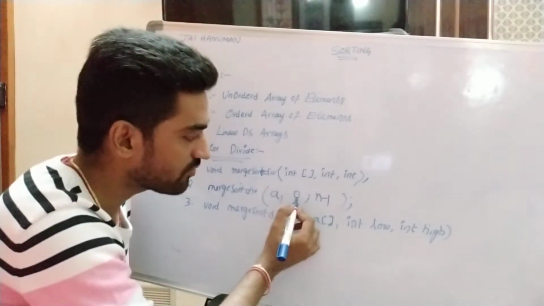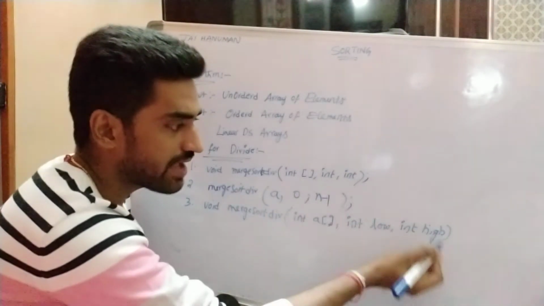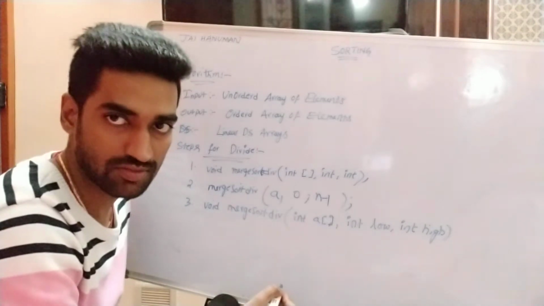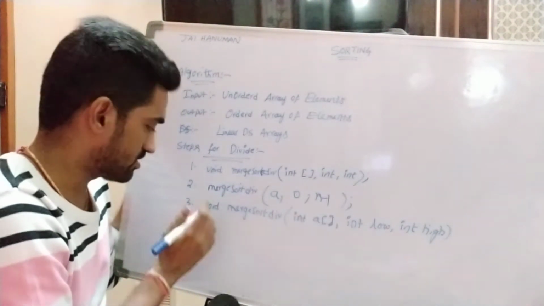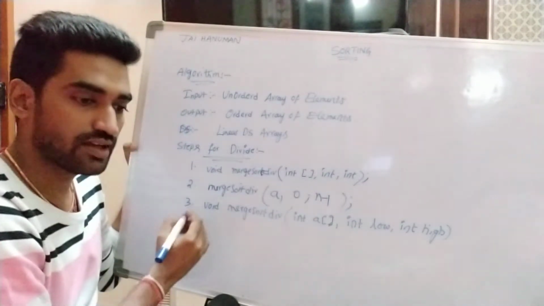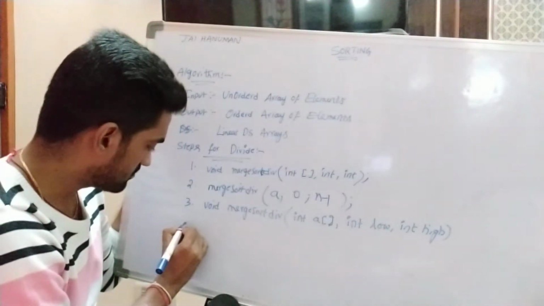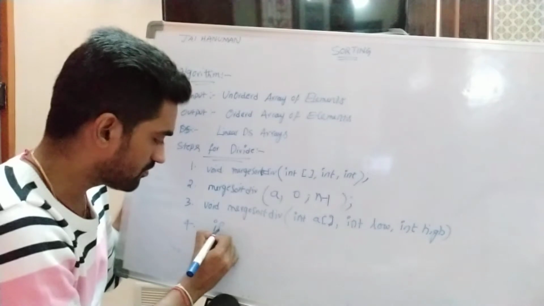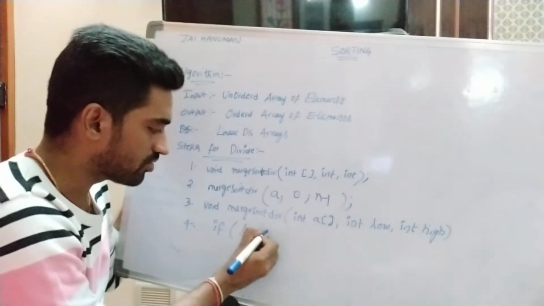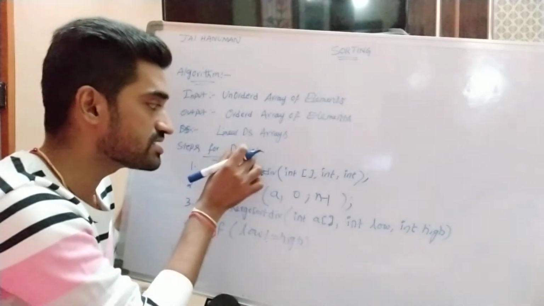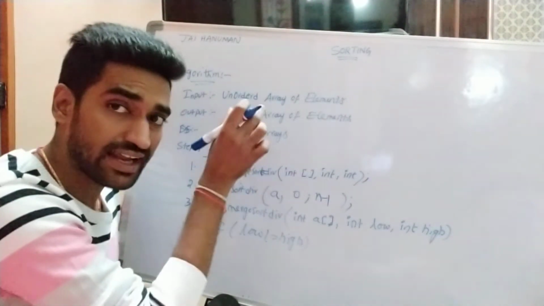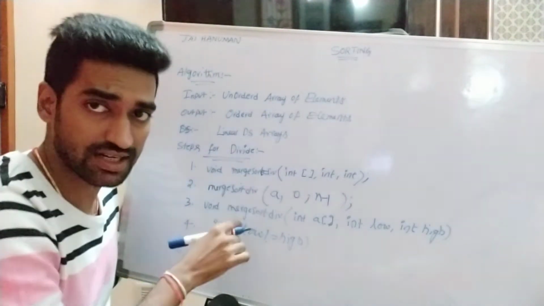Now what is the value of low? 0. What is the value of high? n minus 1, right? So then here I am writing the actual function definition, right? First of all, here I am writing one condition: if low not equal to high. So here I am writing a procedure for dividing the entire array into several subarrays, right?